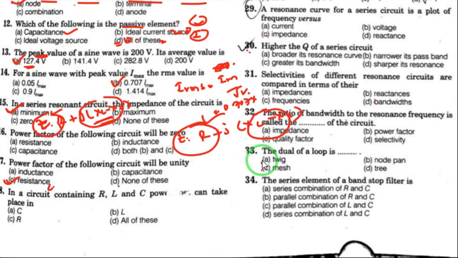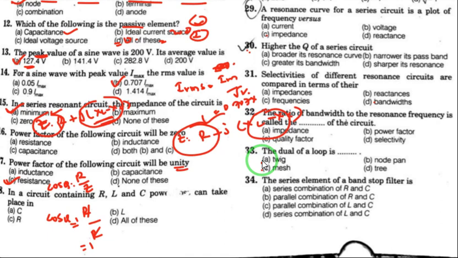Power factor can be written as cos phi equals resistance by impedance. In a resistive circuit, Z becomes R, so cos phi equals R by R. How much? Cos phi equals 1. So you will get unity power factor in case of resistance. So C is the correct answer.